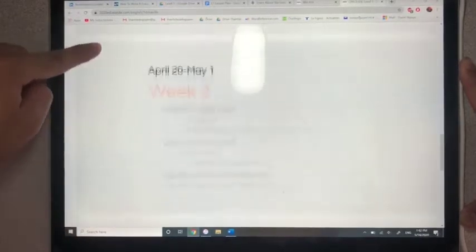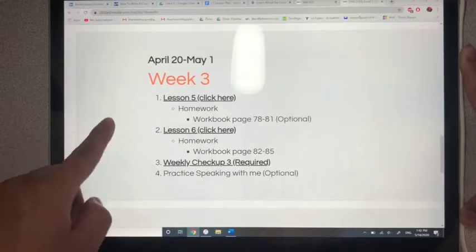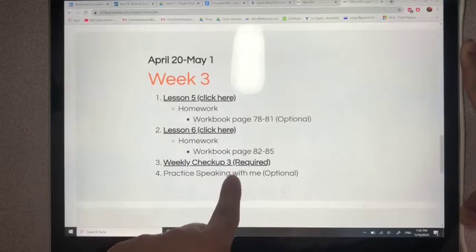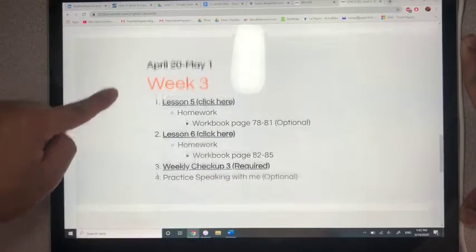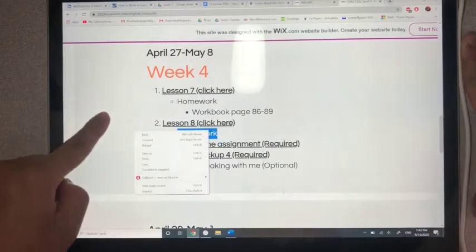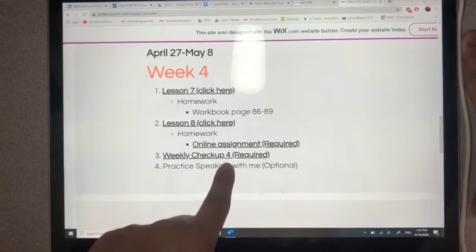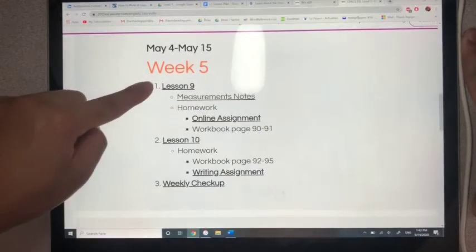So when you finish lesson 5 and lesson 6, do weekly checkup number 3. Weekly checkup number 3 is for week 3. When you finish lesson 7 and lesson 8, do weekly checkup number 4. Number 4 is for week 4. And then number 5, lesson 9 and lesson 10.